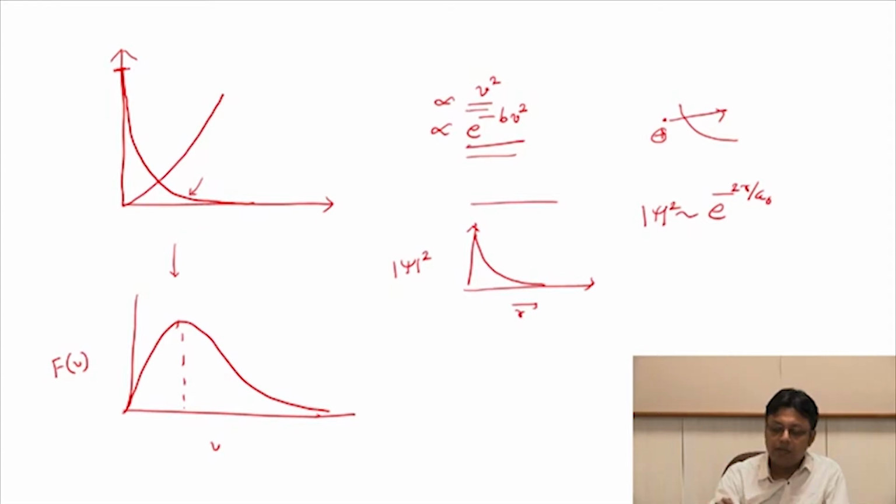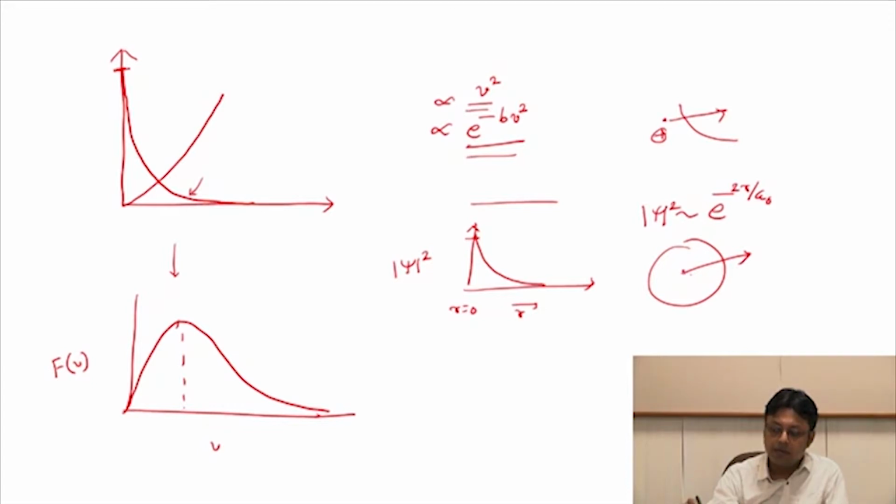However, you never get the maxima at r equal to 0, which is at the nucleus. The reason is that you actually measure the probability density, but not the probability. If this is the atom, the probability density drops as you go away from the nucleus, but to get the probability you have to multiply it by a volume.